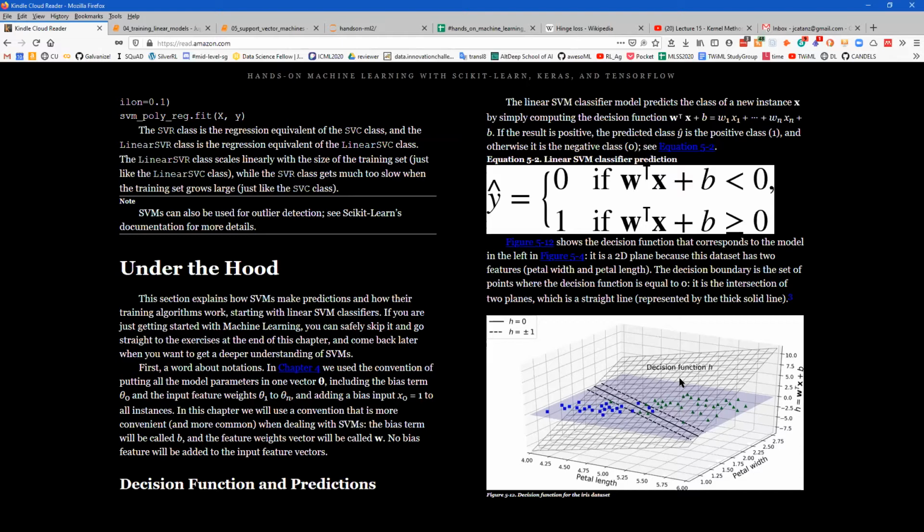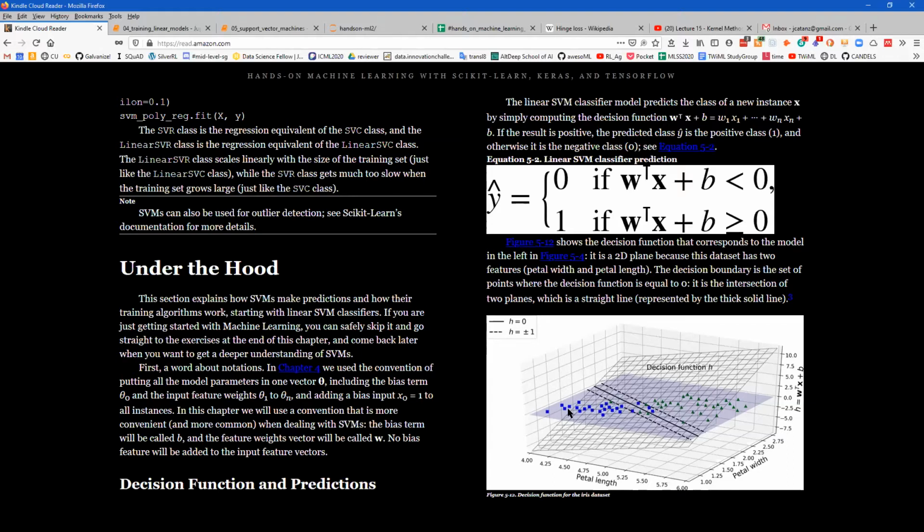Yeah, I was a little confused by that too. So if we look at this three-dimensional space here, this is a part of the iris classification problem, where we're just looking at the 2 dimensions, petal length and petal width.